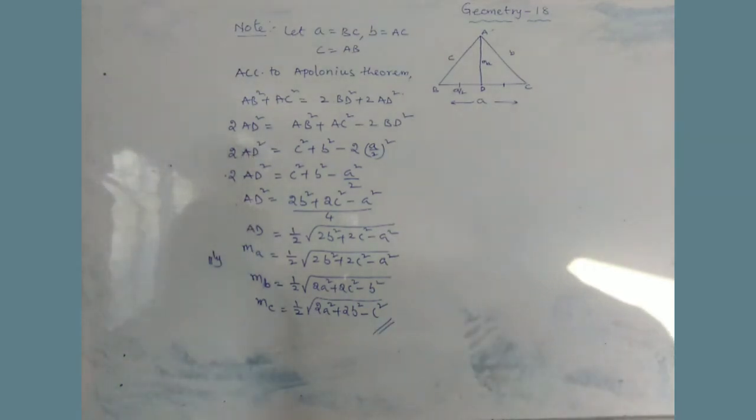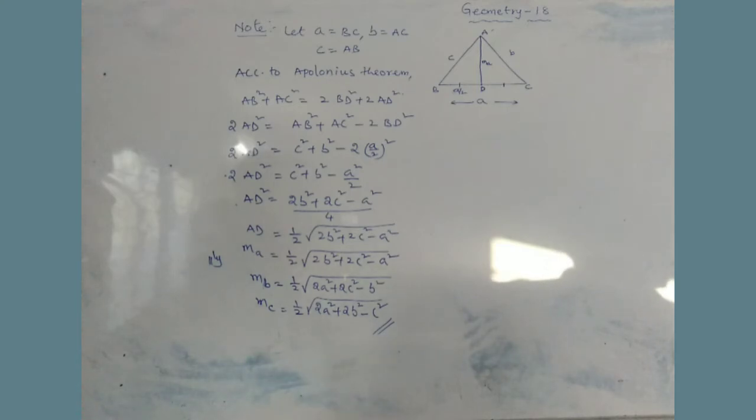Okay, so using Apollonius theorem we can find the formulas to find the length of the medians drawn through the vertices ABC.